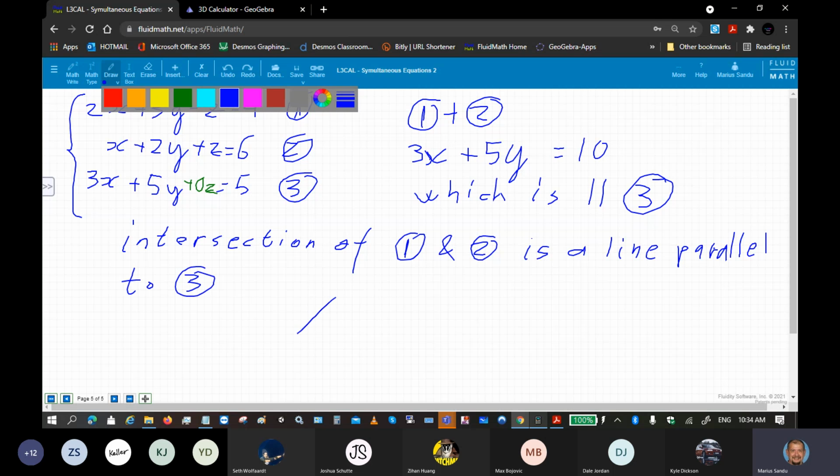Yes, so I have these two guys, this is 1, this is 2, this is the line of intersection, which we can call 4.